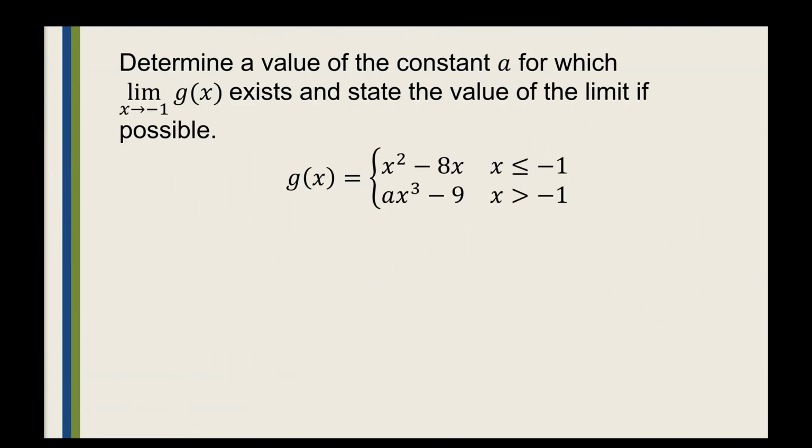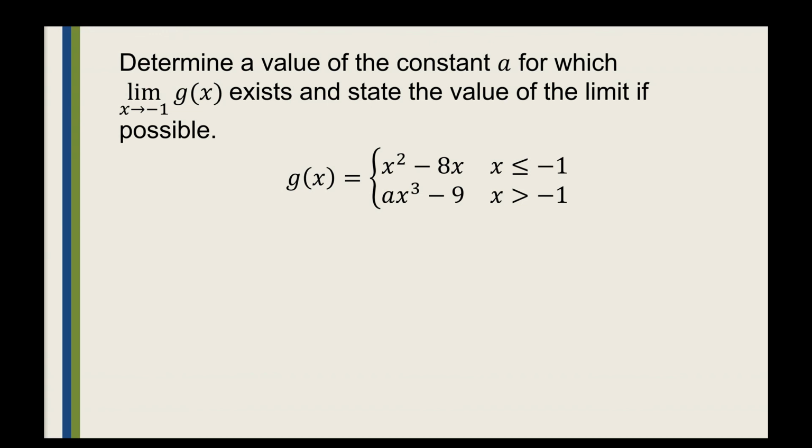So here we are given a piecewise function g of x, and we've been asked to determine a value of the constant a for which the limit as x approaches -1 of g of x exists, and we're asked to state the value of the limit if possible.